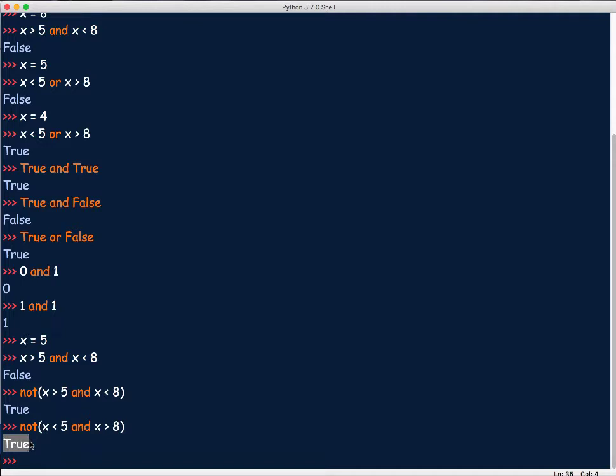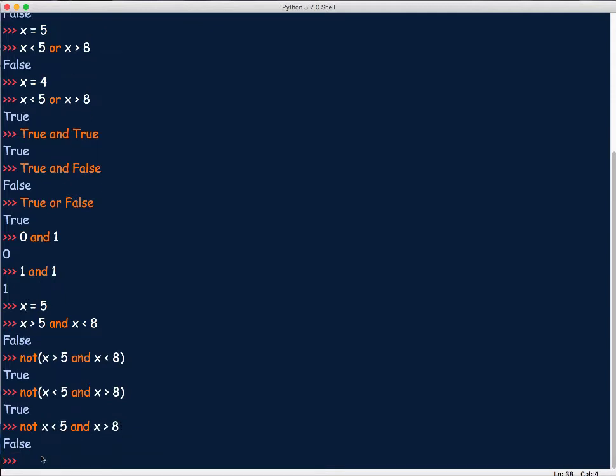Like I said, the biggest thing is to play around with it a little bit and really look at what you're trying to evaluate, because that's different than if you did this: not x less than 5 and x greater than 8. This evaluates false. And why?